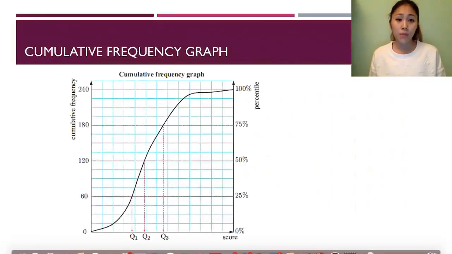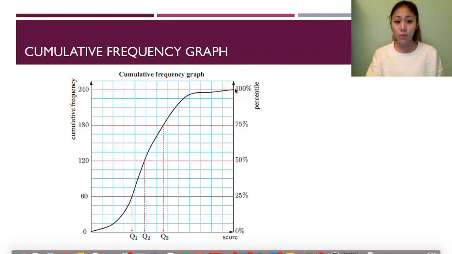Cumulative frequency graph could also be represented with two y-axes. So your left one would be your usual cumulative frequency axes, but your right one would be the percentiles. So percentiles, assuming that your maximum, this is just a data set where it's out of 240. 240, assuming that this is 100%, right?